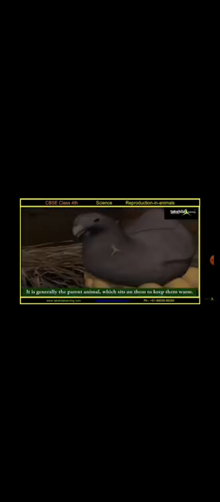Animals such as birds, like the hen, lay eggs to reproduce. After laying of eggs, the eggs have to be kept in a warm place to provide adequate conditions for hatching of the eggs. It is generally the parent animal which sits on them to keep them warm. The process of keeping them warm is called incubation.